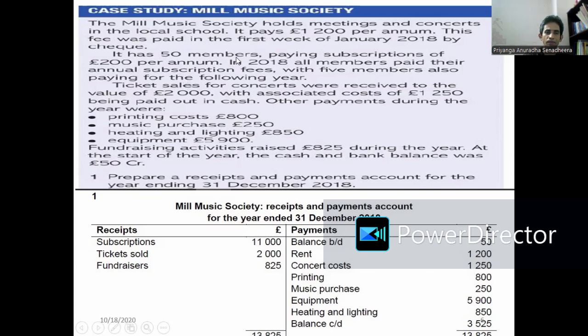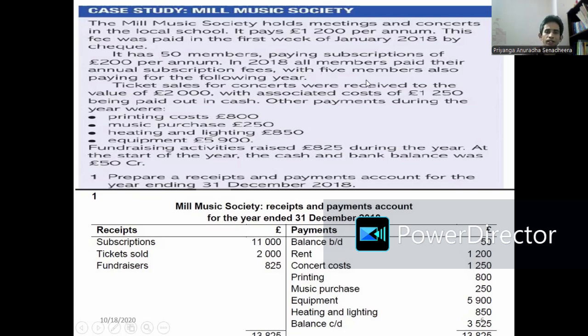Then it has 50 members paying subscriptions of 200 per annum. So according to the information, 200 pounds will be paid by each member, and there are 50 members paying. So 50 times 200 is 10,000. But here the figure is 11,000. We'll see why that is.